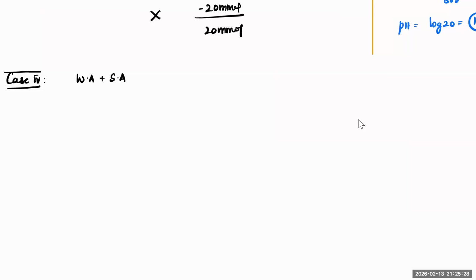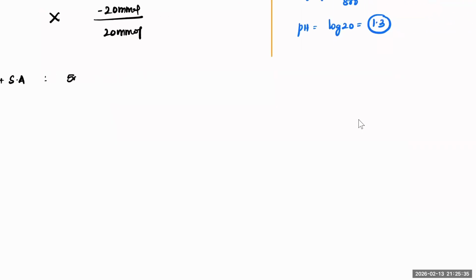Let us again put this as a problem and see how this can be made. 500 ml of 0.1 molar CH3COOH is added to 1 ml of 1 molar HCl.